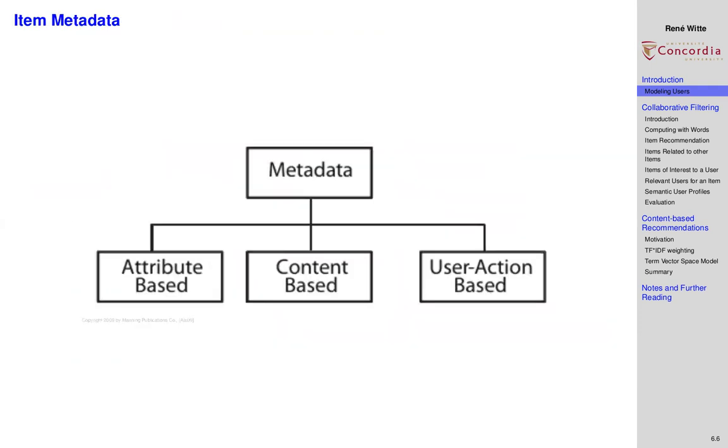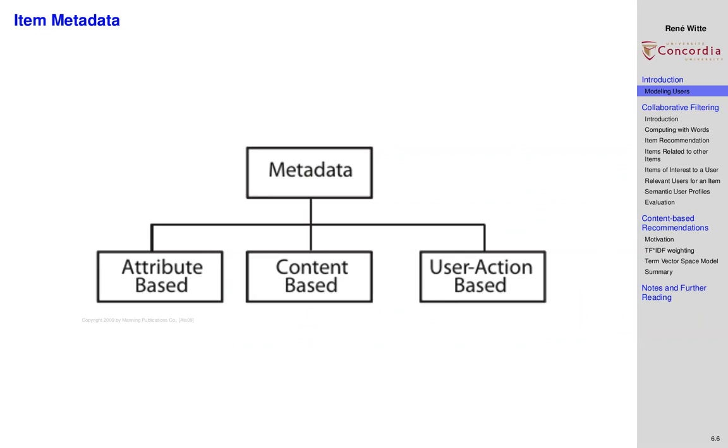So in general, you can distinguish metadata for users and items into attribute-based, content-based, and user action-based. Attributes are based on some concrete attribute of the item or the user. So for an item, it could be the price or the length or the format or something like this. Content is based on, well, the actual content.